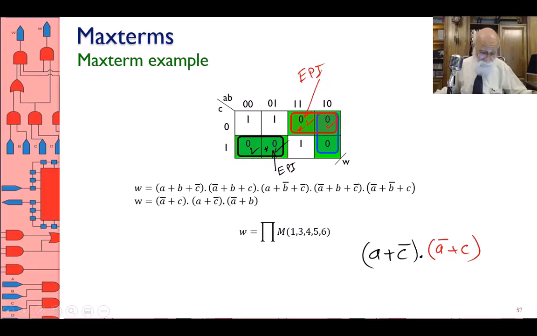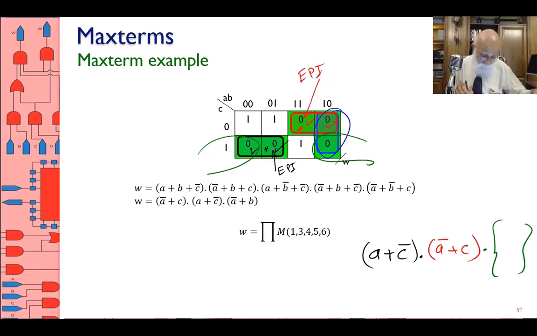One choice is to do this. Another choice is to do this. Okay? And therefore my function is not unique. I'm going to do either the blue or the dark green. The dark green becomes B or C bar. Let me make sure it's correct.